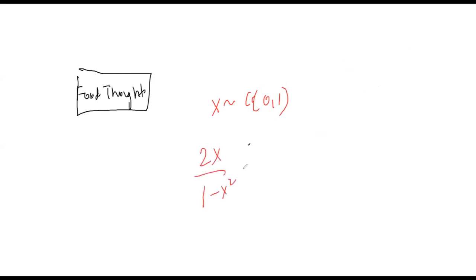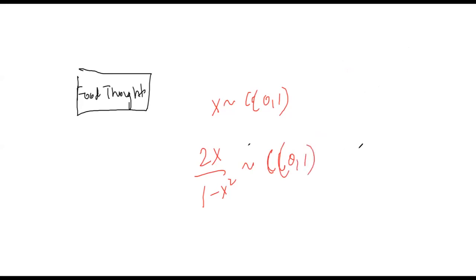You can check out the link of this problem written in LaTeX on our website cheenta.com. And the food for thought is this, pardon my bad handwriting: if x follows Cauchy 0, 1, then prove that 2x by 1 minus x square follows Cauchy 0, 1.